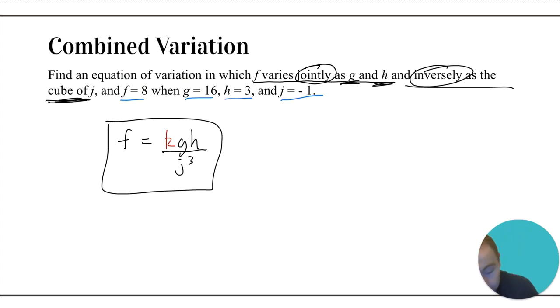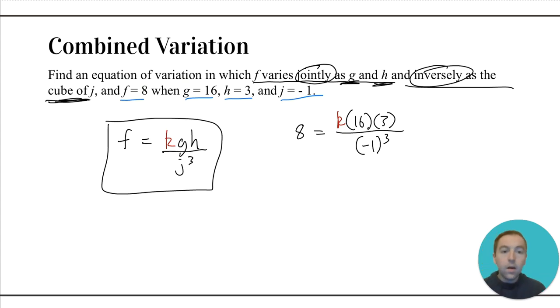So if we substitute in all of those values, we can put in 8 for f, and we have k, and then g is 16, h is 3, and j is -1, which we want cubed. So 16 times 3 is 48 times k. And when we cube -1, -1 times -1 times -1 is -1.